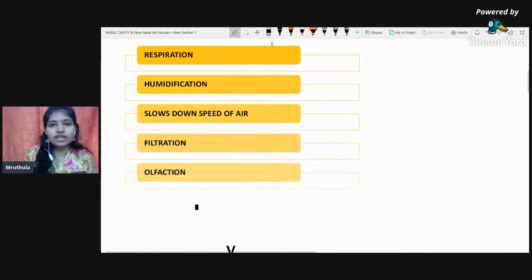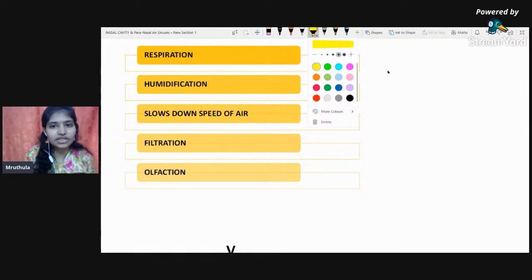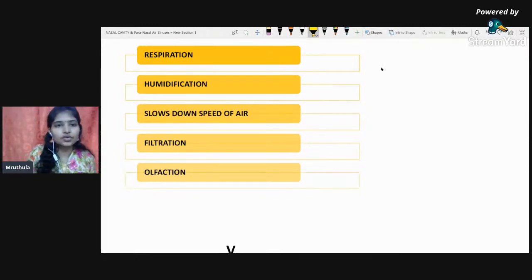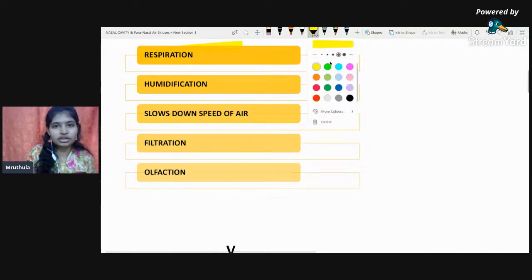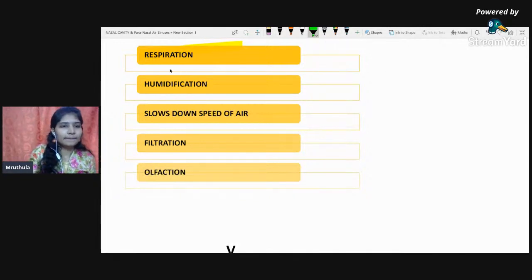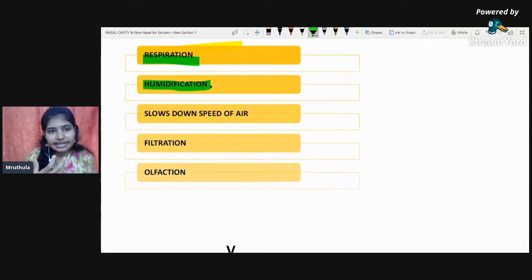The first function is something we know, respiration, because only through the nasal cavity is the air able to enter the lungs. The second function is humidification of air. What is humidification? Adding moisture to air is called humidification, right? That is also a function performed in the nasal cavity.